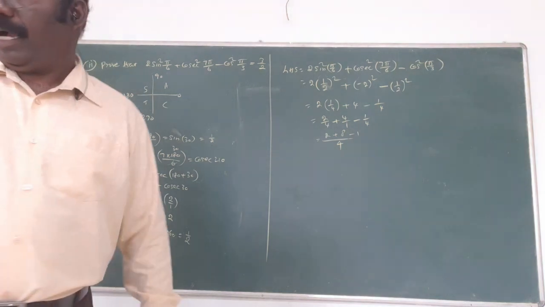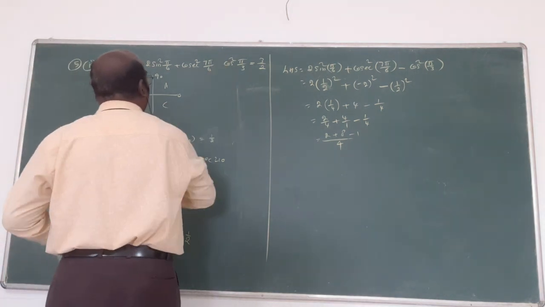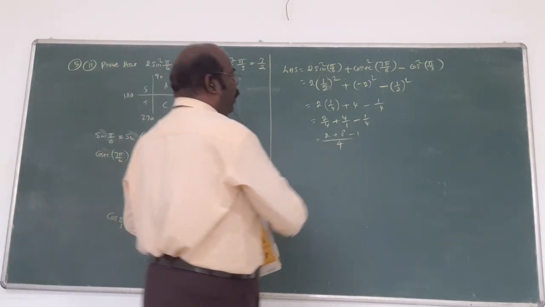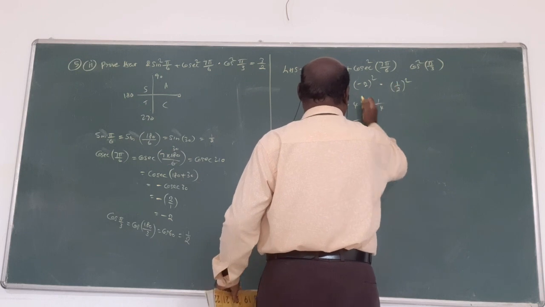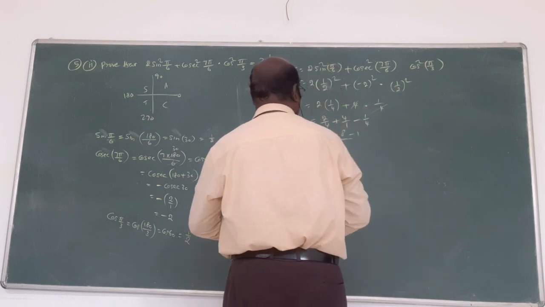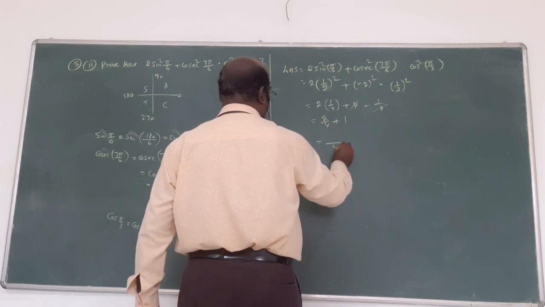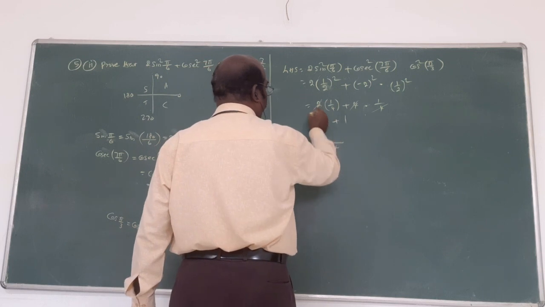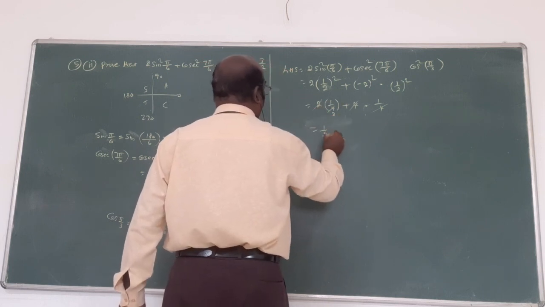Actually, in the question there is a minus. After finding the value, it is multiplied. That means 4 cancels, okay? Only 4 is equal. Alright, you can do 1 by 2, okay?